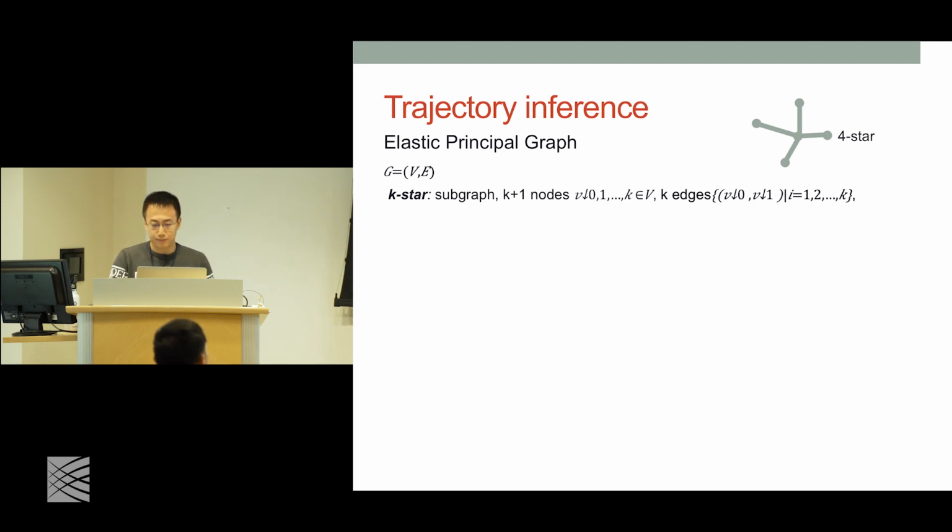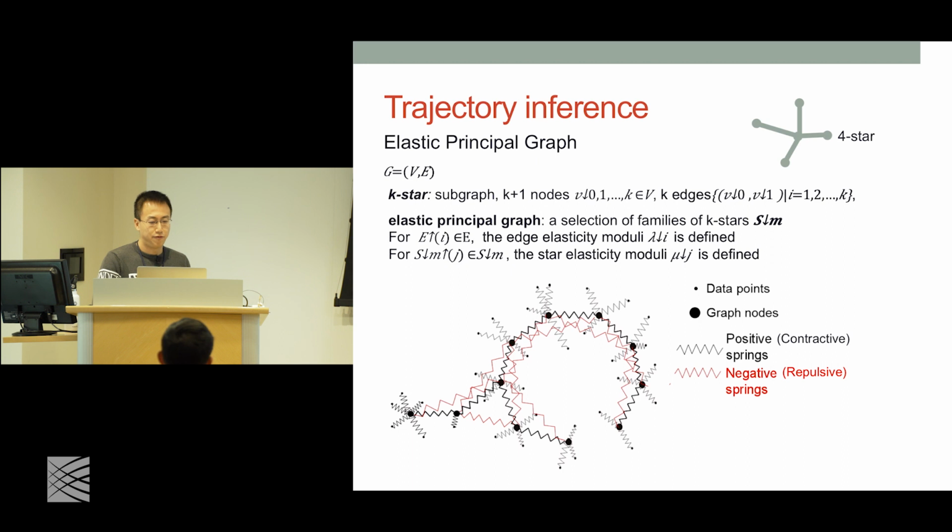The elastic principal graph is defined as a selection of families of K-stars. Meanwhile, for all of the edges, the edge elasticity modulus lambda is defined, and for all of the stars, the star elasticity modulus mu is defined. I will explain lambda and mu in the next slide, but this is just to give you a definition of the elastic principal graph.